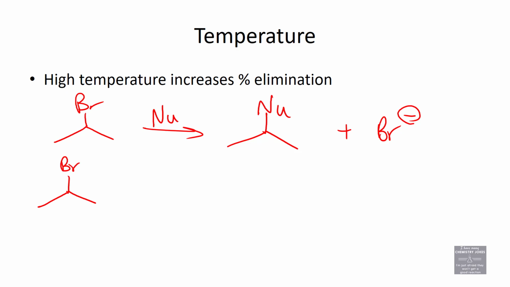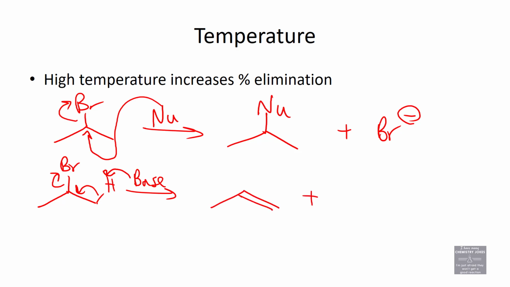If we add some sort of thing and it's the same nucleophile, except this time I'm going to call it a base, that base can react with a hydrogen like this. I guess I should draw arrows up there. That base can react with a hydrogen, give you that, plus Br minus, plus base with an H, and maybe a positive if it didn't have a charge originally.